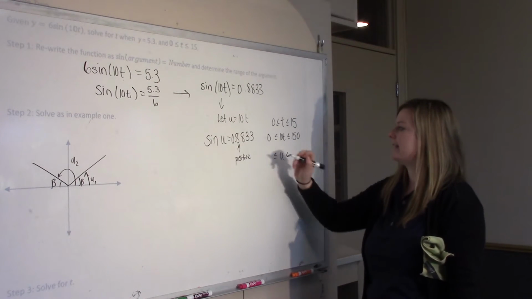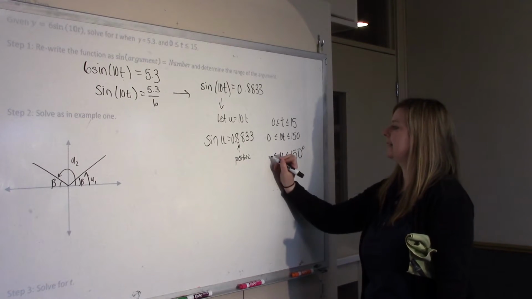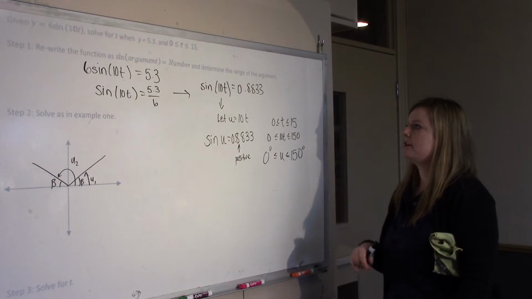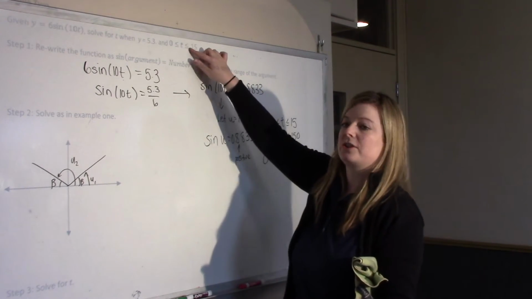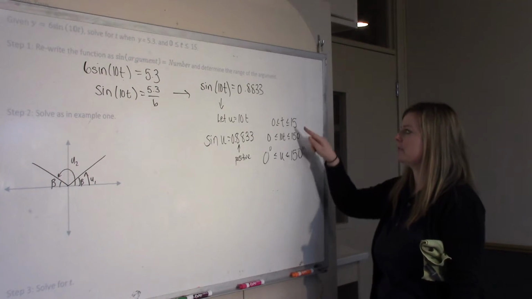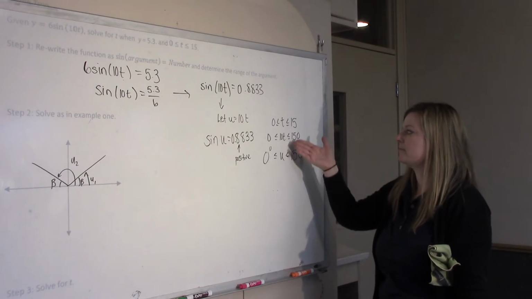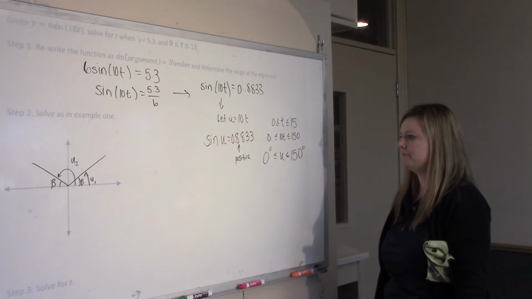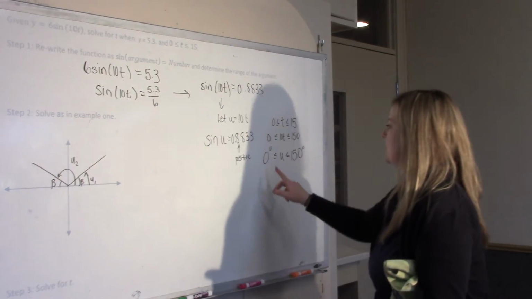So we're solving this between 0 degrees and 150 degrees. I took the range that was given to me, in terms of t, and transferred it to be in terms of u by doing what u does, which is multiplying t by 10. So I'm only looking for u values between 0 and 150.